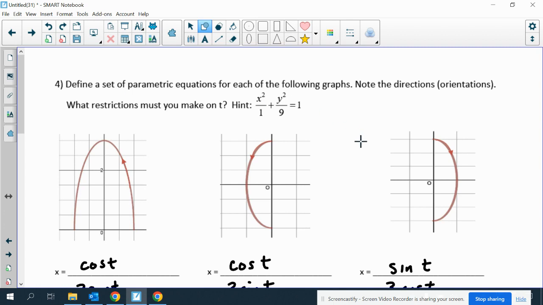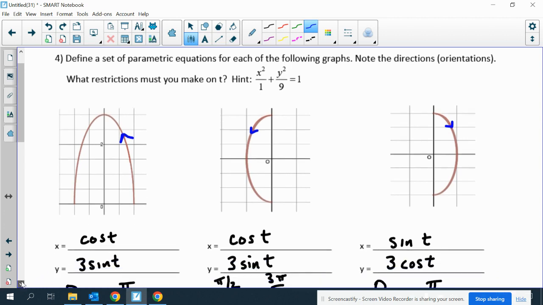Now let's define a set of parametric equations for each of these three things. And actually, we're going to do 2 of them for each, but it is important to notice that the first 2 are going counterclockwise and the third one is going clockwise. So I've set up a couple.